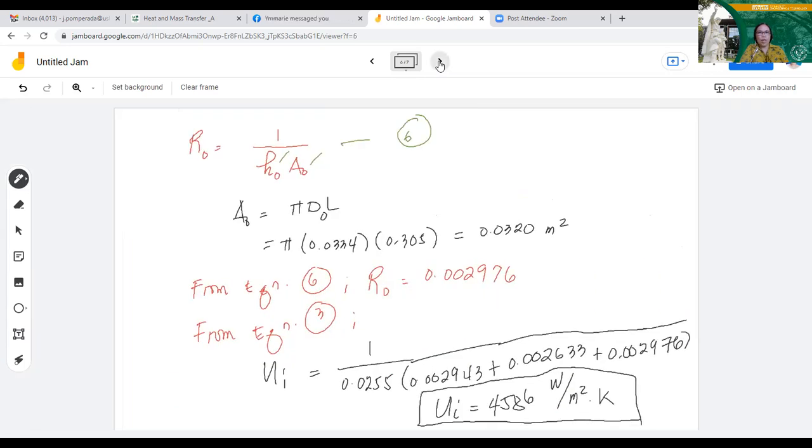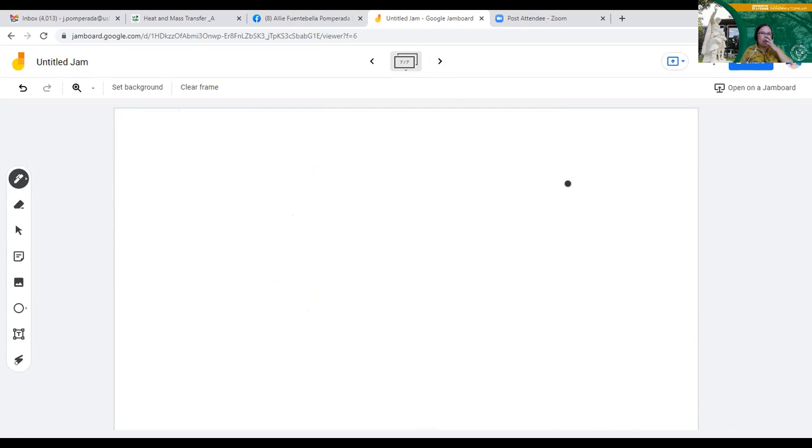We'll do the checking. Now we know that for heat transfer, the Q that we have, whether we base it on the summation of all resistances, so I'll use here summation of R, and of course you have the driving force here, the outer temperature minus the inner temperature.